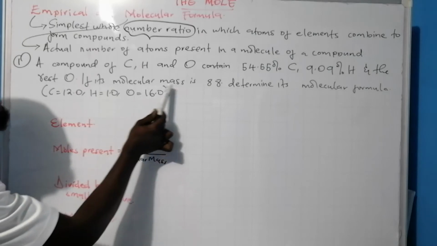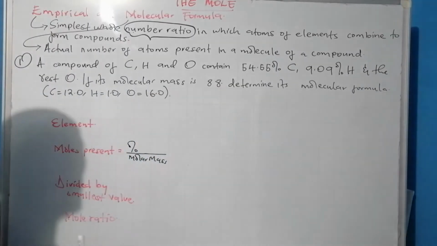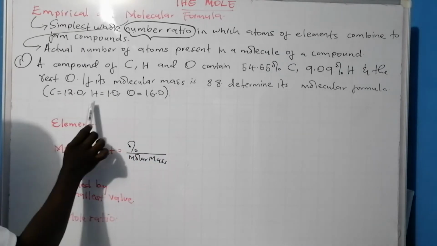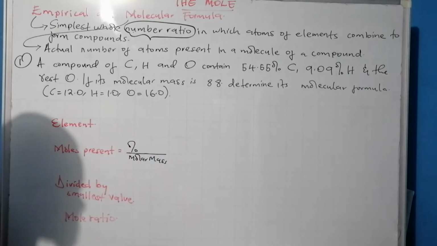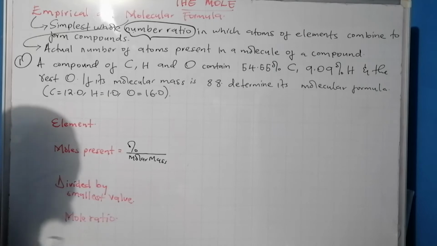If its molecular mass is 88, determine its molecular formula. And you're given some molar masses of the elements. Carbon is 12, hydrogen is 1, and oxygen is 16 grams per mole. That is 1 mole of those particular elements.